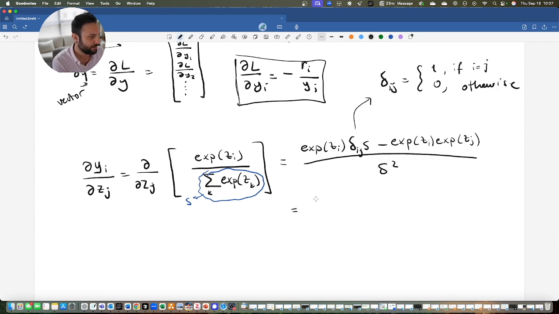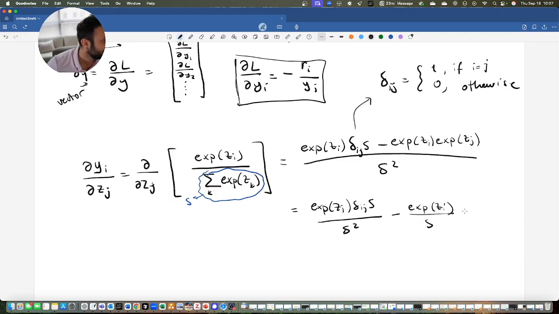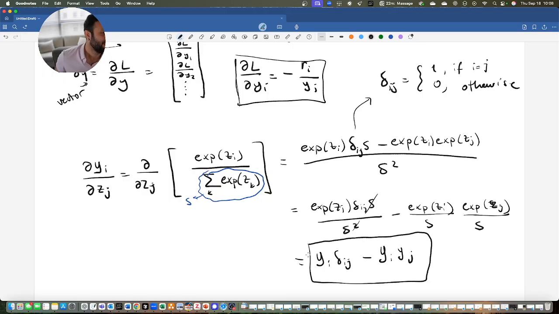So when we open it up, we have exponential z of i, delta ij, times S, divided by S squared, minus exponential z of i divided by S, times exponential z of j divided by S. And notice how one of the S's goes. So this is yi times delta ij, minus yi times yj. So I have that. Let me put it in a circled square too, because I'll use it in a second.